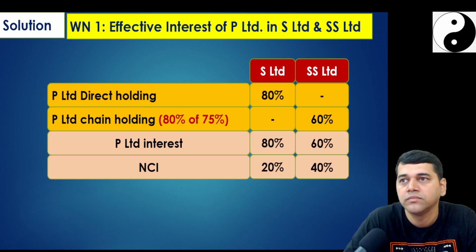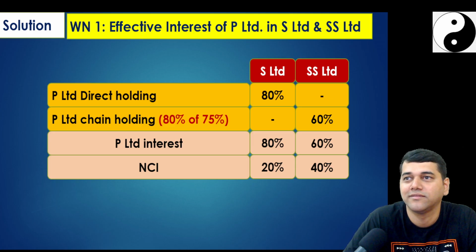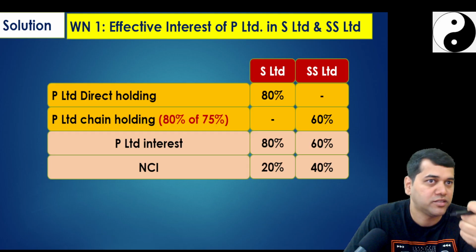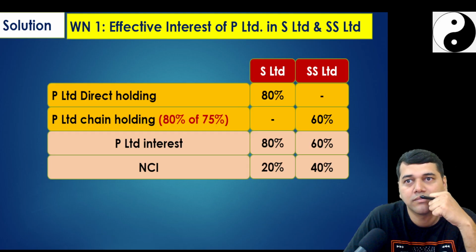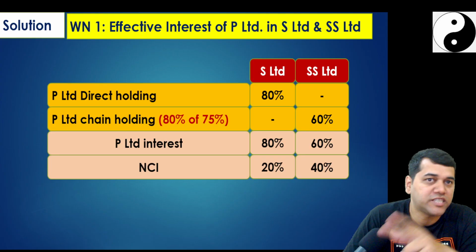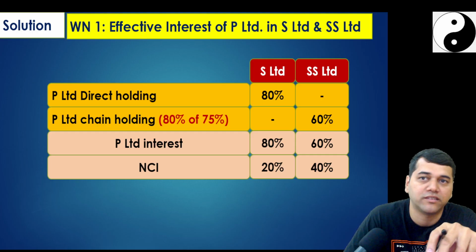Understood? Now tell me, students, what should I do next? Goodwill, simple. To calculate goodwill, I need a purchase consideration. Is it available? Yes. I need an NCI. Is it available? Is there any step acquisition? No. Then I need a fair value of the net assets acquired.